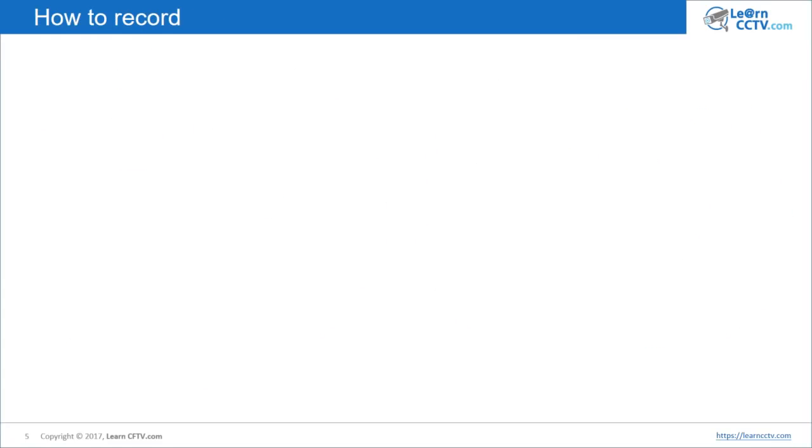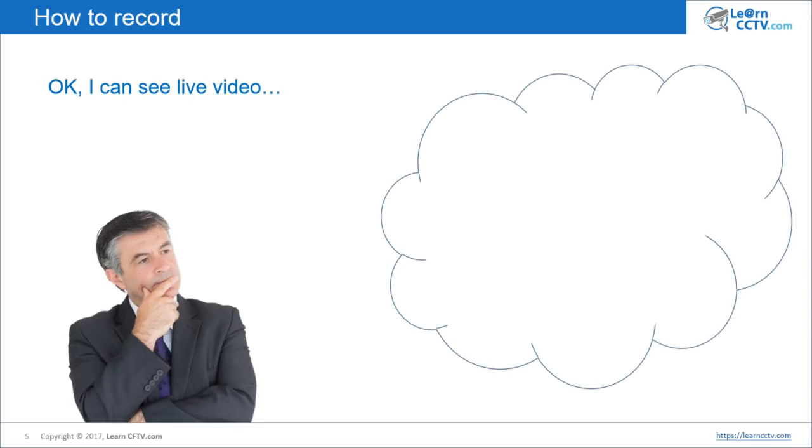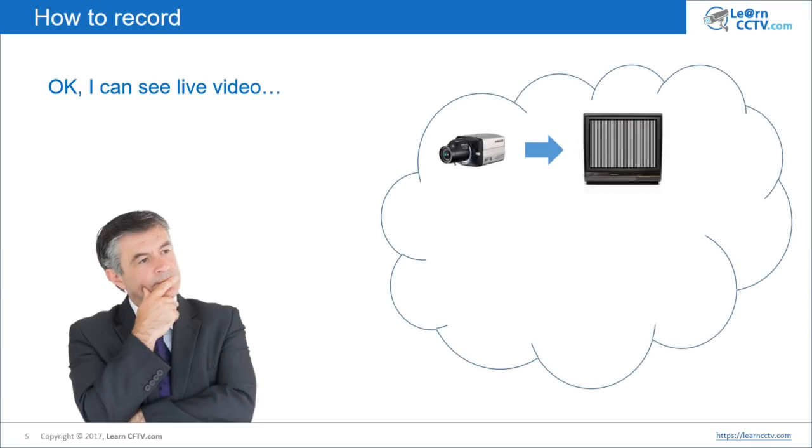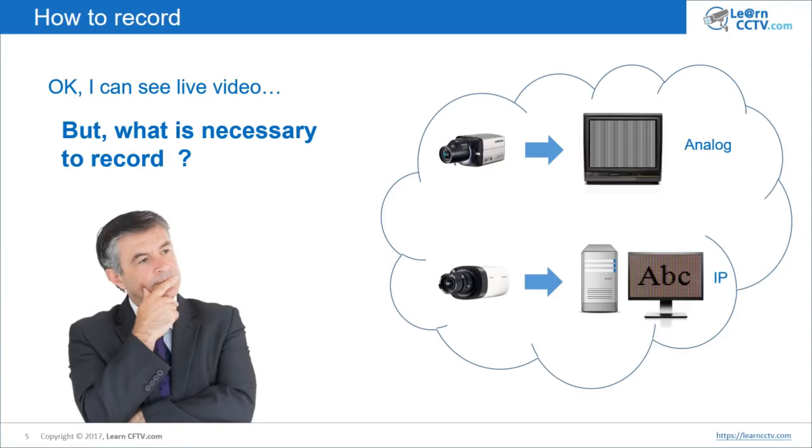Now let's talk a little bit about recording. You have your system. You can see live videos. From the camera to your monitor, it's an analog system. From your IP camera to your computer and to your monitor, it's an IP system. But how about recording? What's necessary to record your videos? Let's talk about that. You have an analog system here with your analog camera.